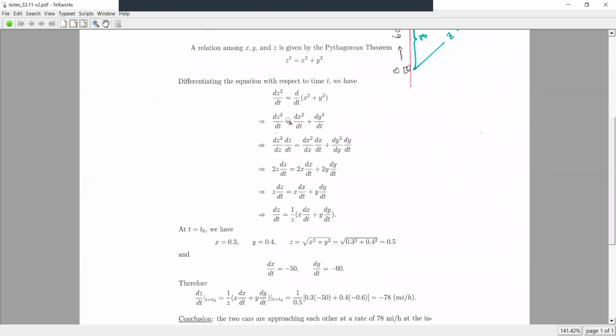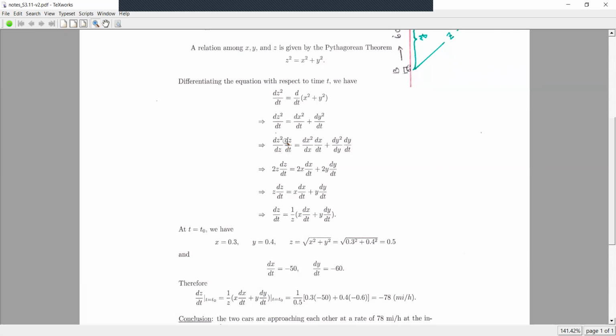Apply the chain rule to each of these three derivatives. Then I have this equation. For example, by the chain rule, I can write this derivative as the product of these two derivatives.